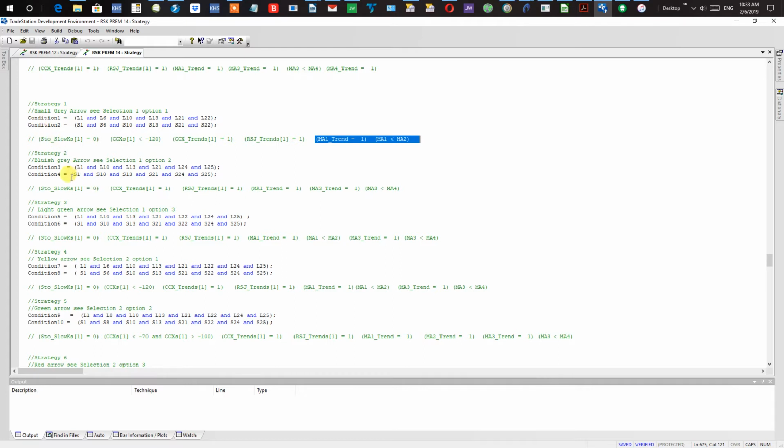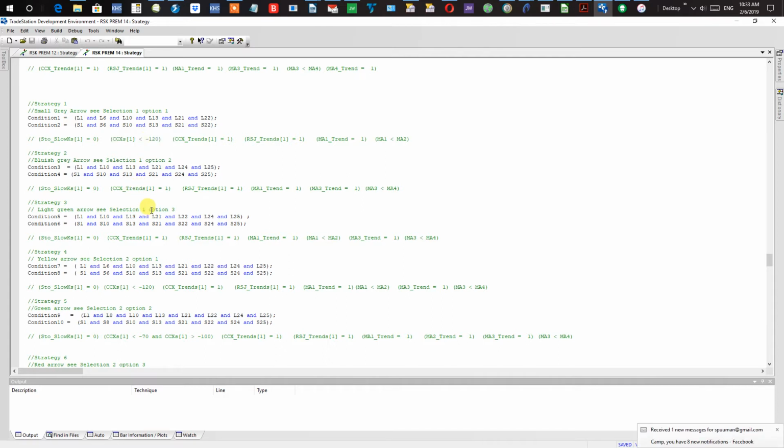A secondary condition that might prevail looks exactly the same as the first, with the exception of this. All right? We're not going to require that the CCX be at a certain value. Instead, all that we're concerned with is the trend.